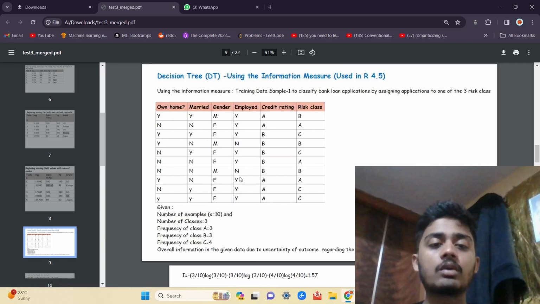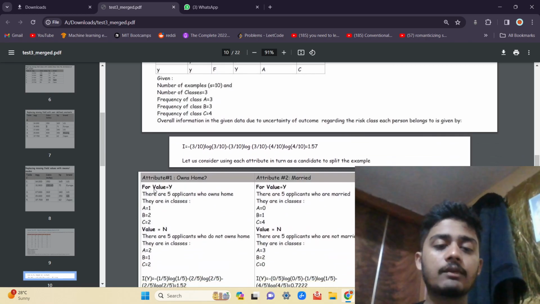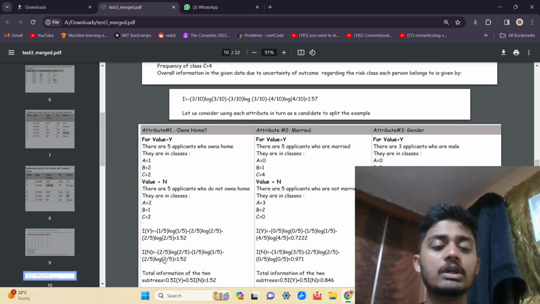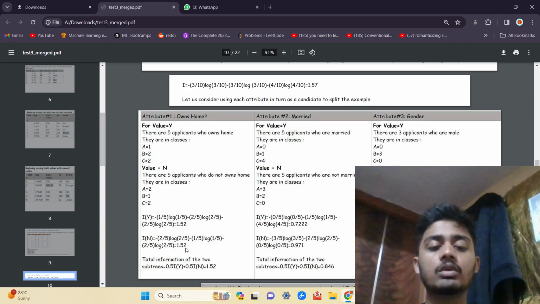Now we have to find out the information gain for each attribute. Like here for owns home, we can find out for y, that is yes, and for n, that is no. So for yes there are one A, two B and two C's, and for no there are two A's, one B and two C's. Now the information gain for separate y and n are 1.52 and 1.52 both.